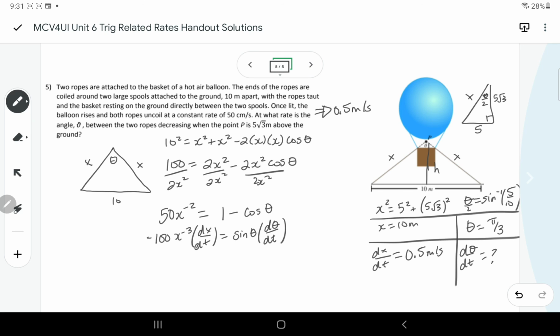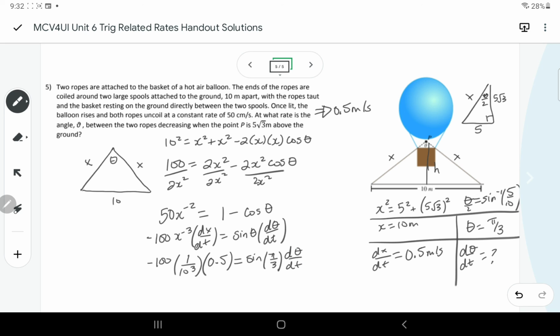Okay, so putting all of this together, here I've got negative 100, x is 10, so it's 1 over 10 cubed, dx dt is 0.5, and sine of pi over 3 d theta dt.